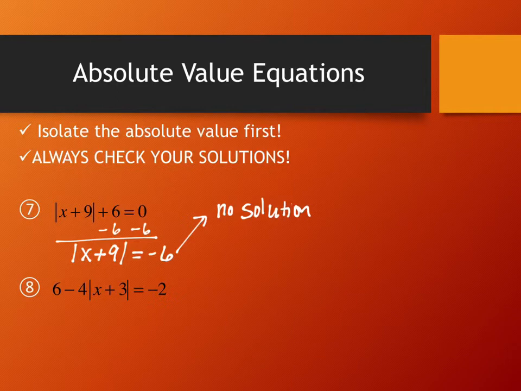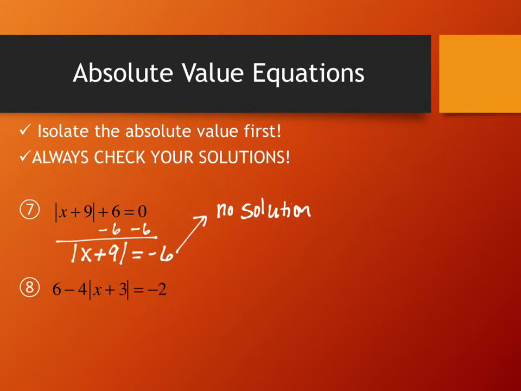Now, if you continue, because you don't recognize this red flag at this point, which sometimes will happen, and it's okay, what will end up happening as you work through the process as though it were a positive 6 instead of negative 6 is you'll end up getting a couple of solutions. But if you check the solutions, they won't work. Right? That's what would happen. So at this point, we get no solution because the absolute value can't equal negative 6.